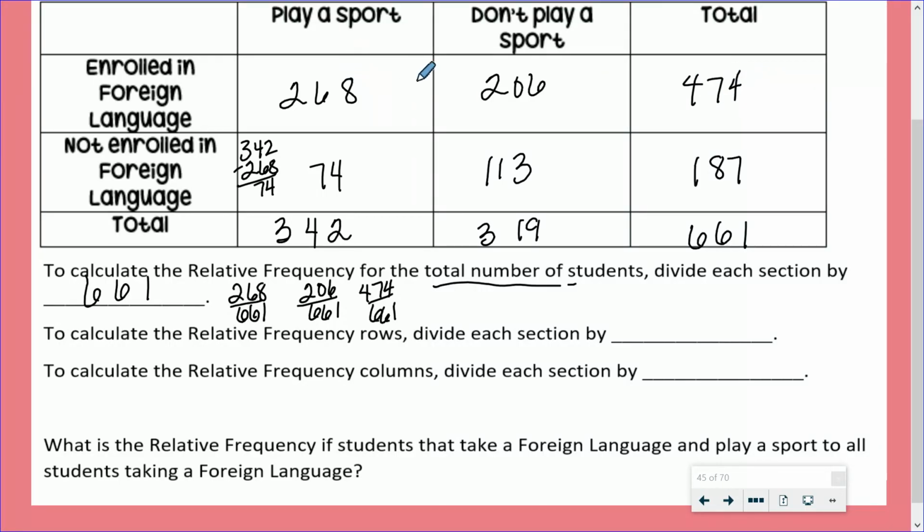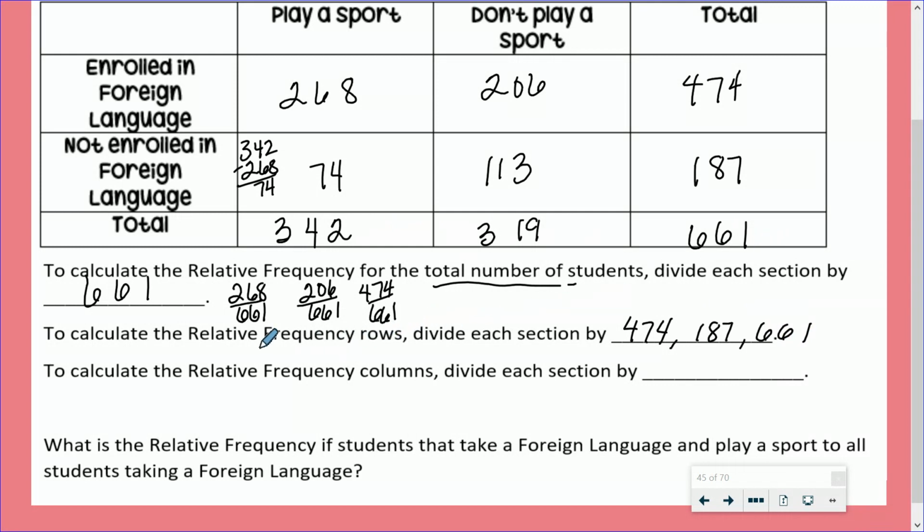So I would divide these numbers by 474. Or if I wanted to know these cells based on the total number of people not enrolled, I could also use 187. Or in this case, I could use 661 if I was basing it on the total.